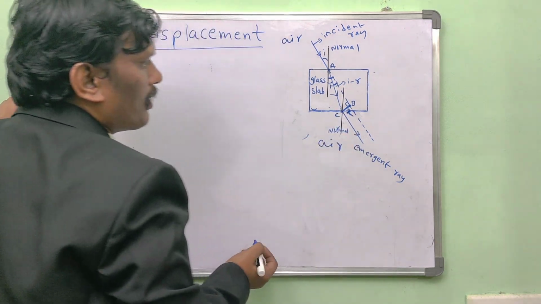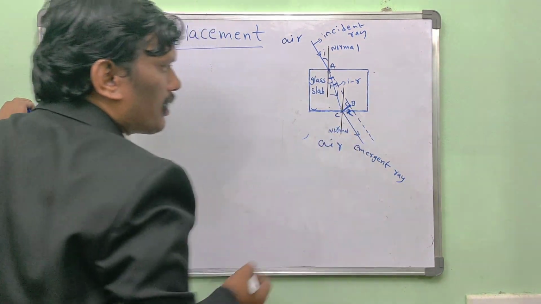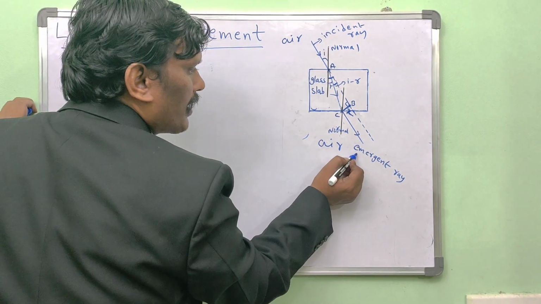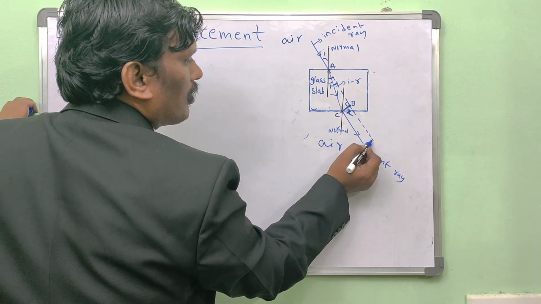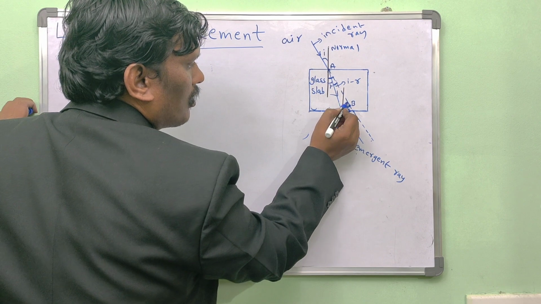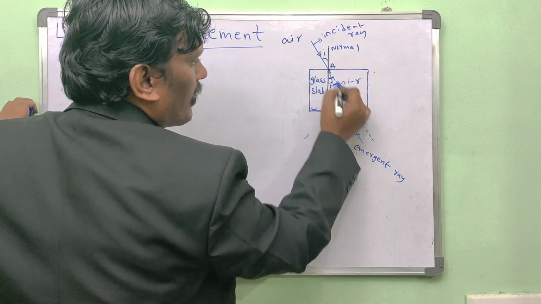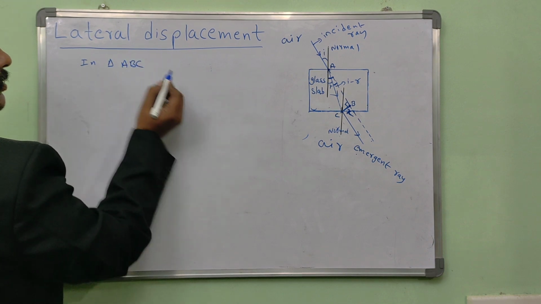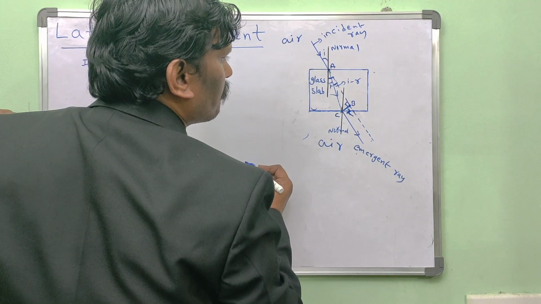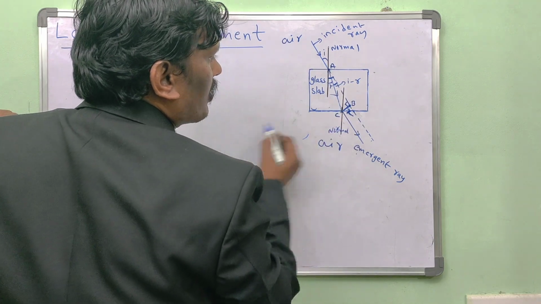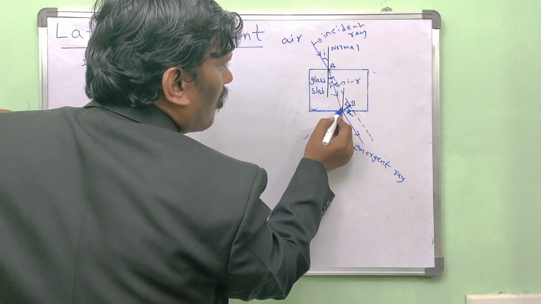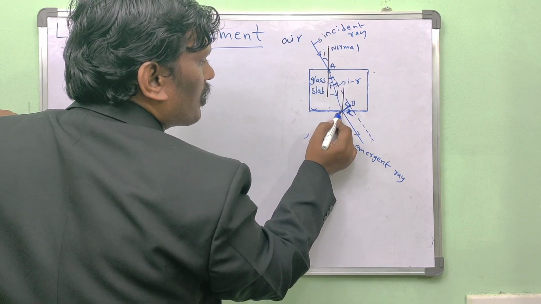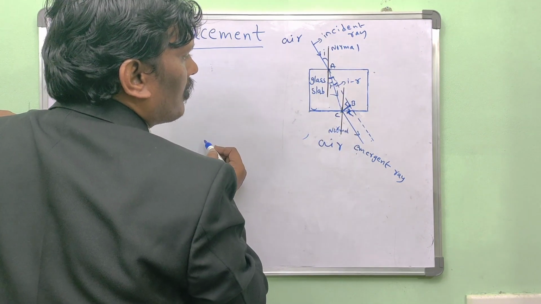Lateral displacement is nothing but the perpendicular distance between the emergent ray and the original path. That is x. In triangle ABC, AC is the hypotenuse, because that is the side opposite to 90 degrees.